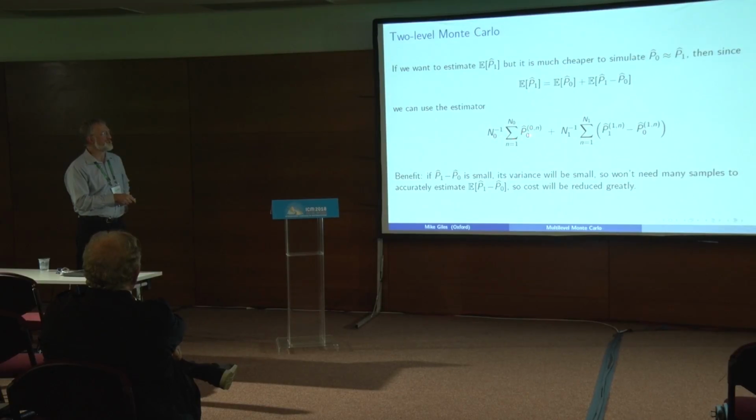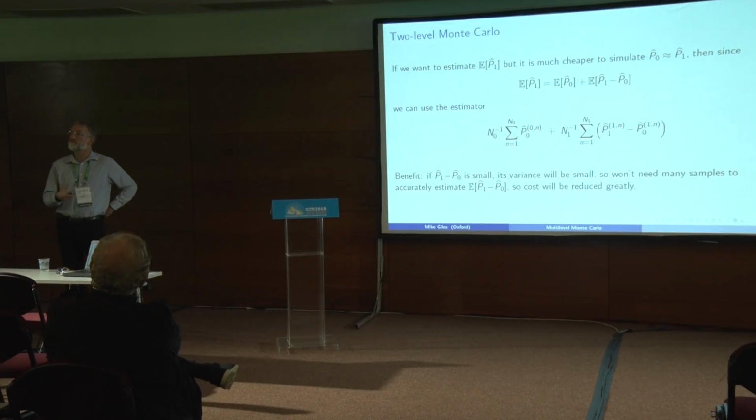But each of the p hat 0 calculations is cheap compared to calculating p hat 1. So the cost of that calculation there is much less than the corresponding calculation would have been for p hat 1. And then this term here, because p hat 0 is close to p hat 1 in some sense, the variance of that difference will also be a small value.